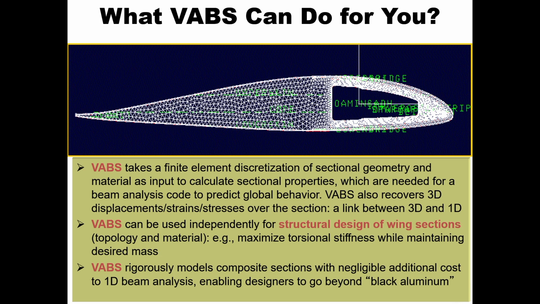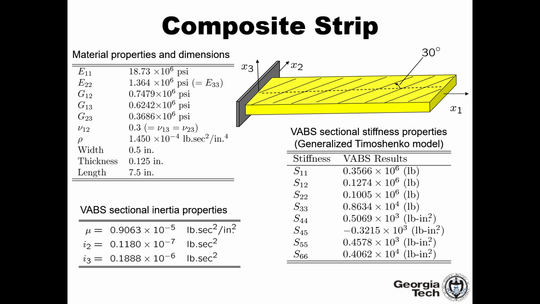And it enables designers to abandon the black aluminum approach and actually take advantage of the 3D properties of the composite. Here is a composite strip. It's a simple structure. And we take the 3D material properties, which are on the far left of your screen, and we use VABS to get on the lower right a set of stiffness constants for this beam.